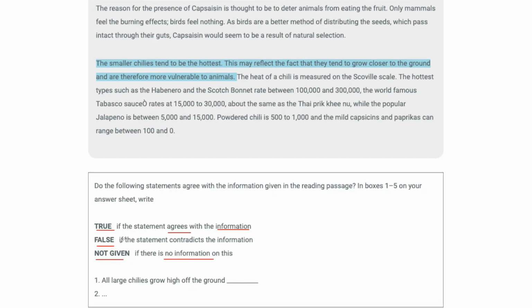False means that you have found information in the text that contradicts the information in your question. And not given just means that the passage does not contain the information, nor does it contradict the information in your question type. So be aware that you'll have to think of two different points for the not given option.